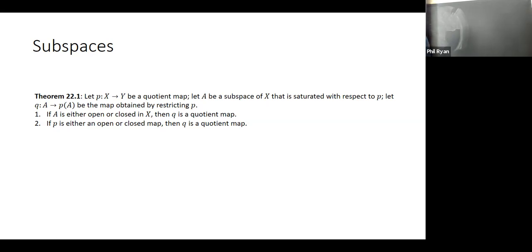The map that sends an element of X to its equivalence class, that's the quotient map. And then you have a quotient topology, which is induced by that quotient map, meaning that a set is open in your quotient space if when you pull it back, it's open in your base space.